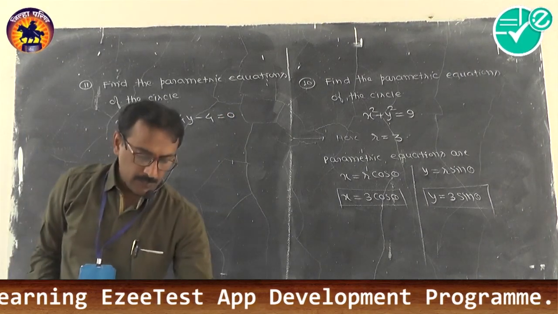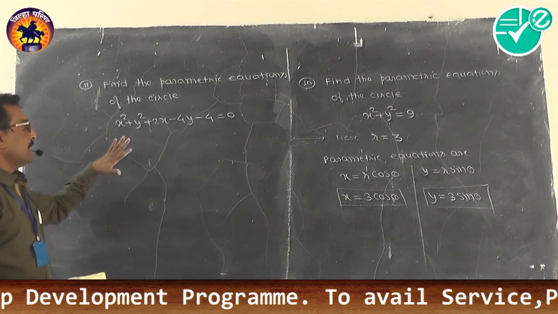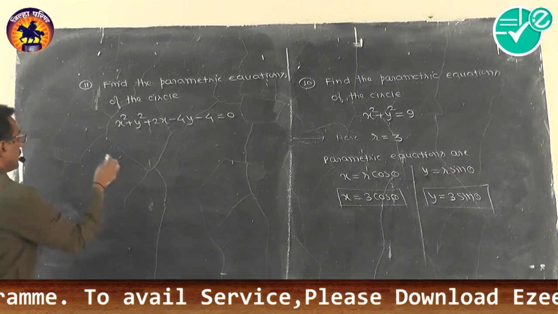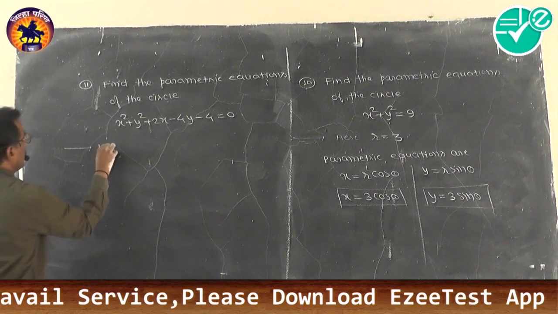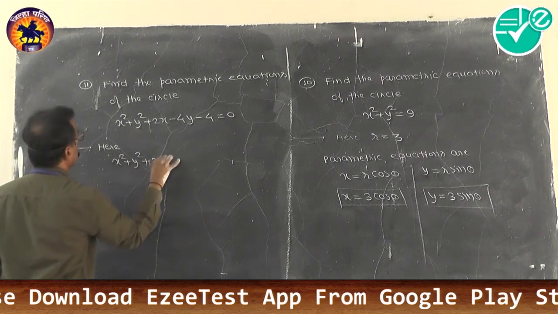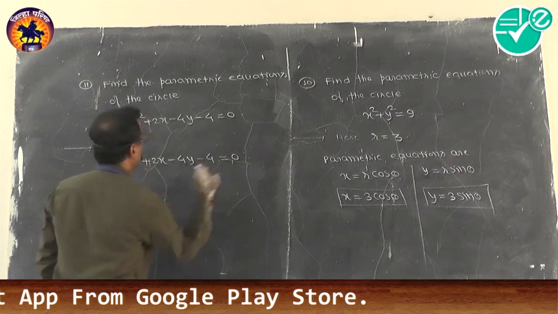Now remember one thing. In order to get the answer, we have to write this in center radius form. Center radius form means x minus h whole square, like this one.